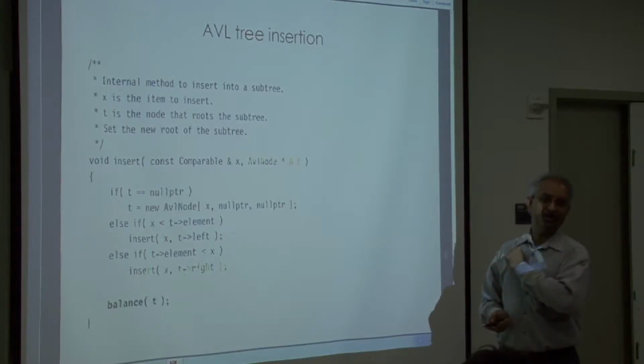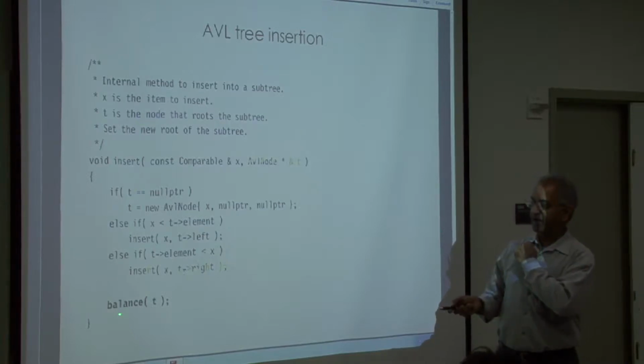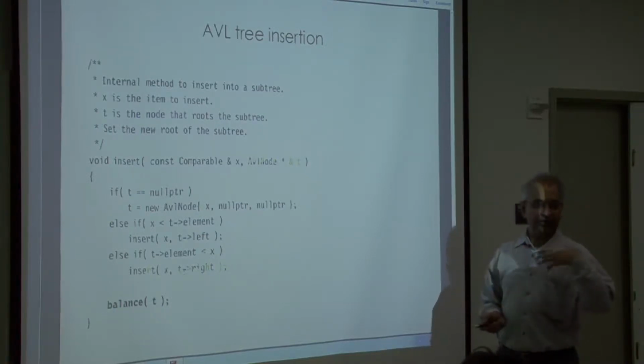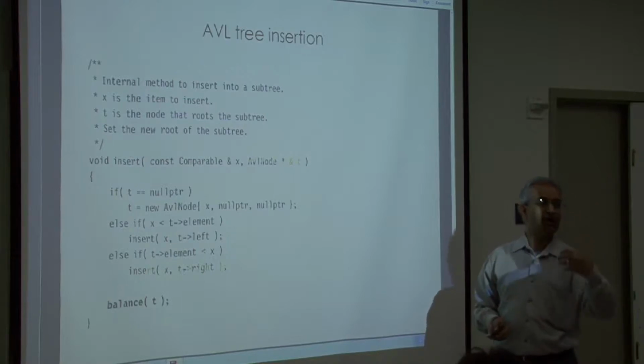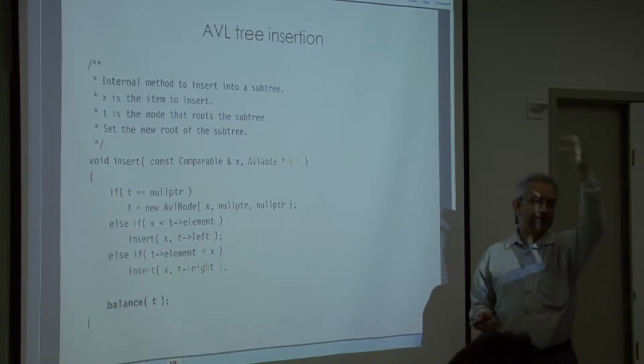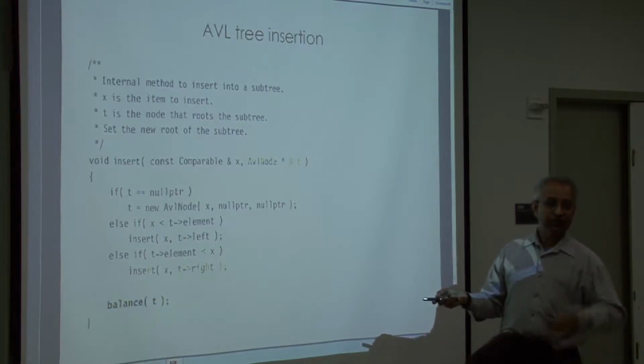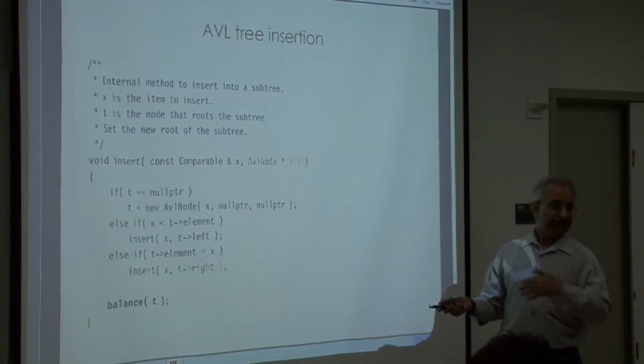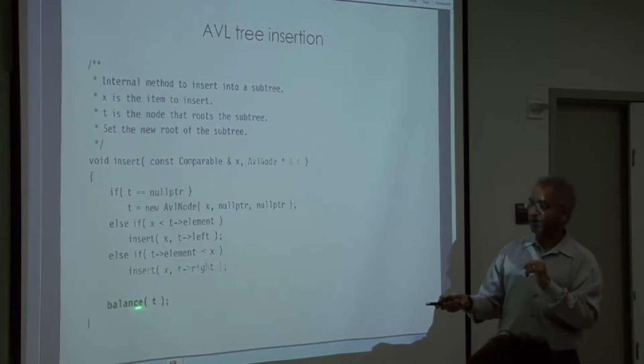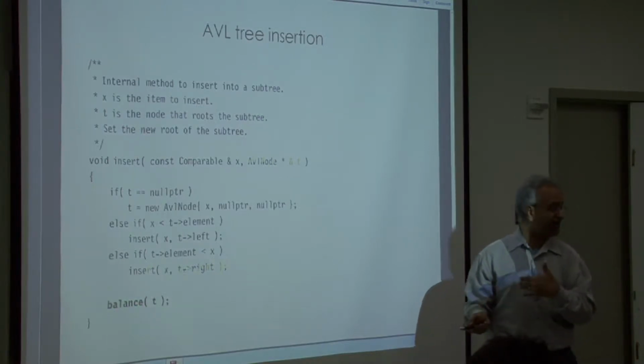But this is not going to be the case of deletion. In case of deletion, what's going to happen is that this balance at one node will trigger a balance at other nodes repetitively, and therefore potentially you will end up making H calls to balance. But you're still fine. Why? Because the complexity of balance itself is a constant.